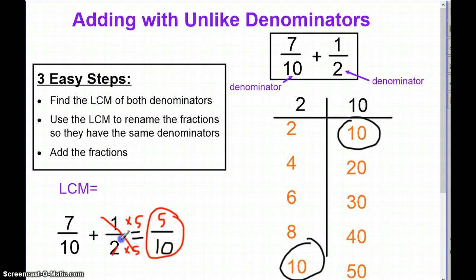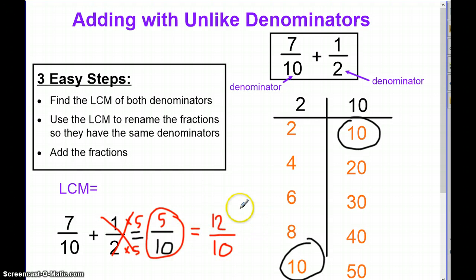So we can cross off the 1/2, and we can now add our two fractions. We have 7/10 plus 5/10. The denominators are the same, so we're going to keep our denominator as a 10, and then 7 plus 5 is 12. All right?